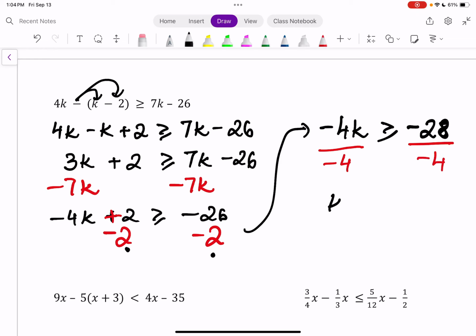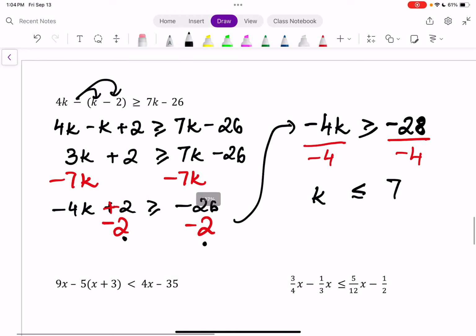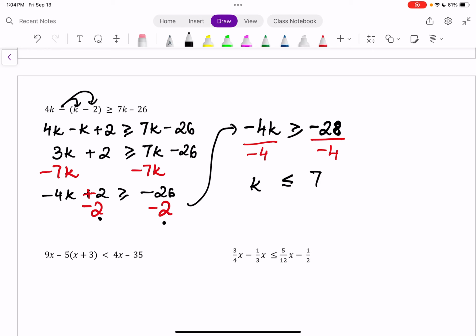Therefore, I am going to reverse the inequality symbol. So, less than or equal to 7 means to the left of 7, including 7. So the solution in interval notation will say anything from negative infinity up to 7 and include the 7.